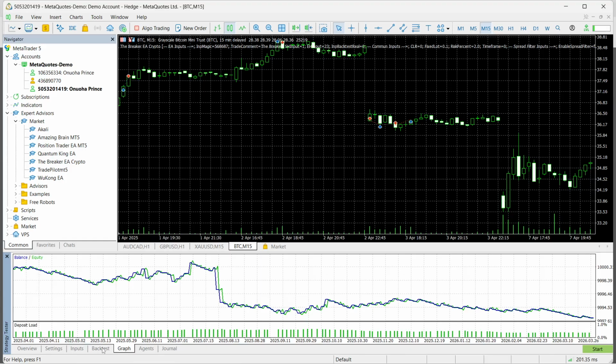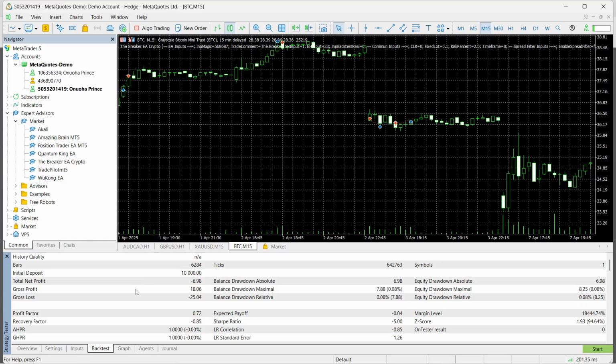So let's take a look at the results. So as you can see, the total net profit was actually a loss, minus 6.98, and the profit factor was below 1, which is bad, 0.72, and the balance drawdown was 0.08%.